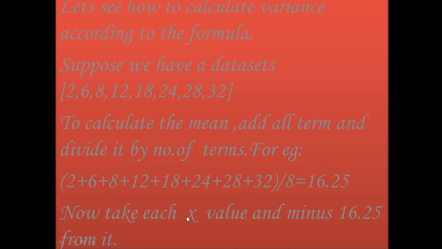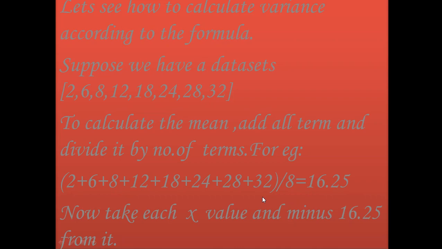Now we take each x value and subtract 16.25 from it. That means each individual element of the array will be subtracted from the mean value.